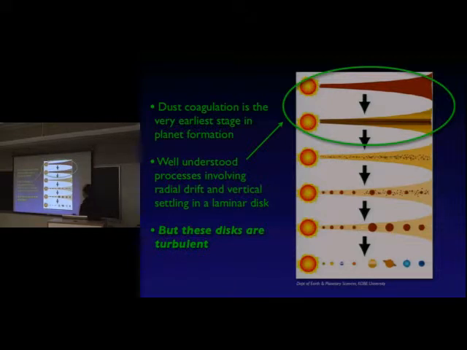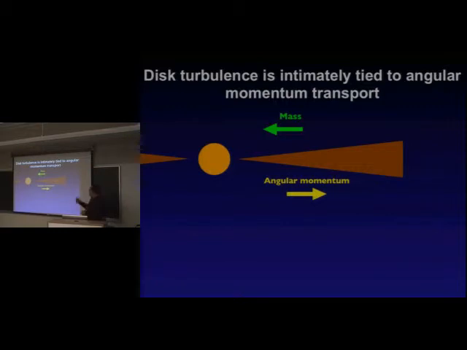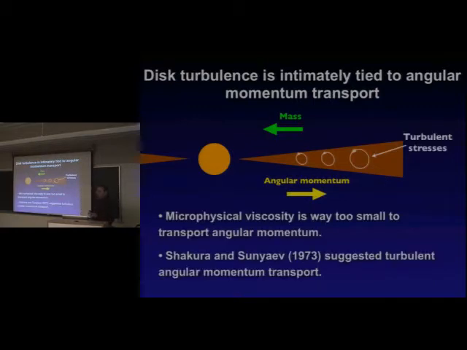But it turns out that these disks are actually more likely to be turbulent than laminar. This disk turbulence is intimately tied to the transport of angular momentum, because the microphysical viscosity of the gas is way too small to account for the observed accretion rates that we see.